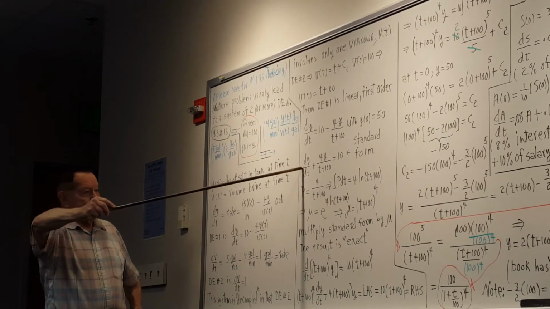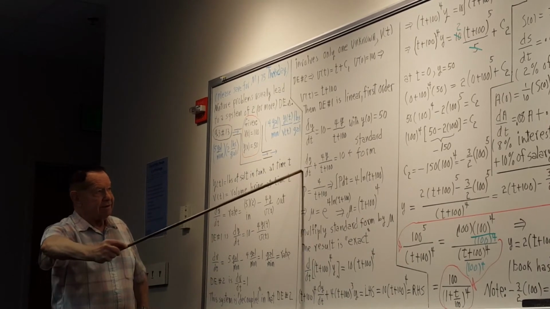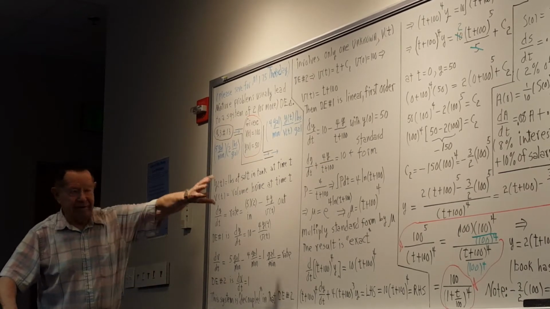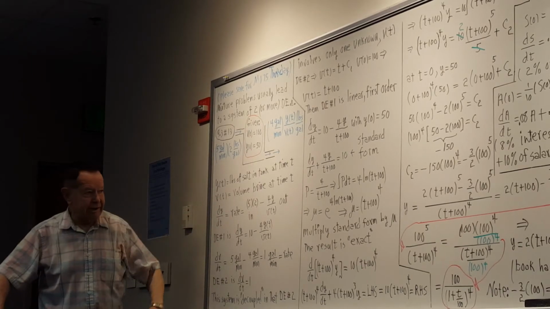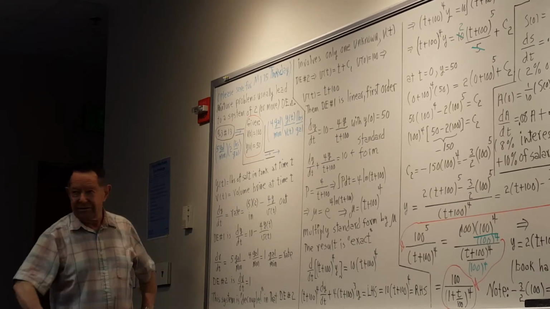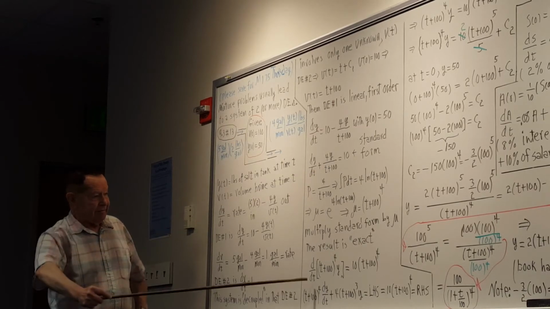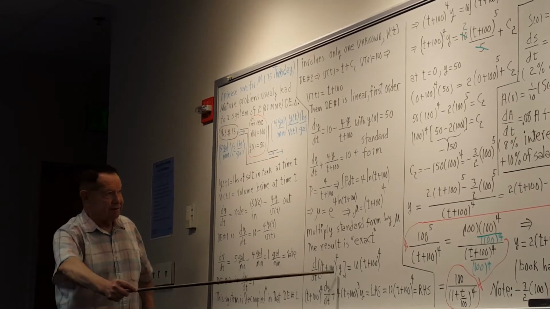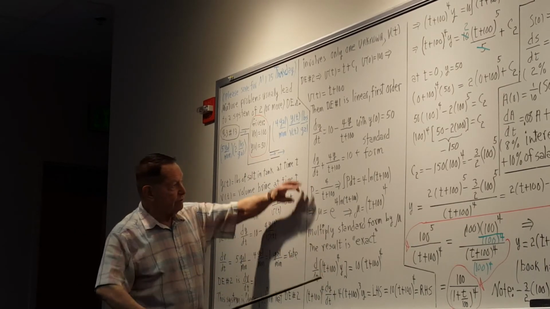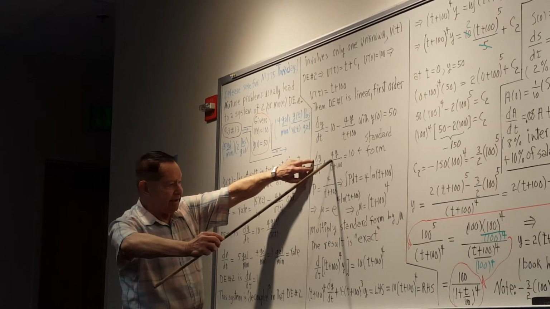So if you multiply your standard form by mu, the result is what the Bernoullis call exact, which means that the left-hand side is the derivative of the product of the integrating factor and the function y you're trying to get. It's what the derivative of this product gives you: the integrating factor times the left-hand side up here.